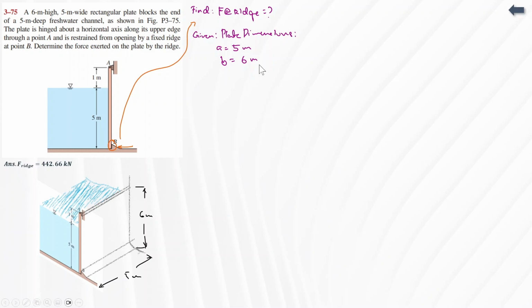And B is 6 meters. Well, not exactly, B here is 5 meters. So let me just correct that. It should be 5 meters.